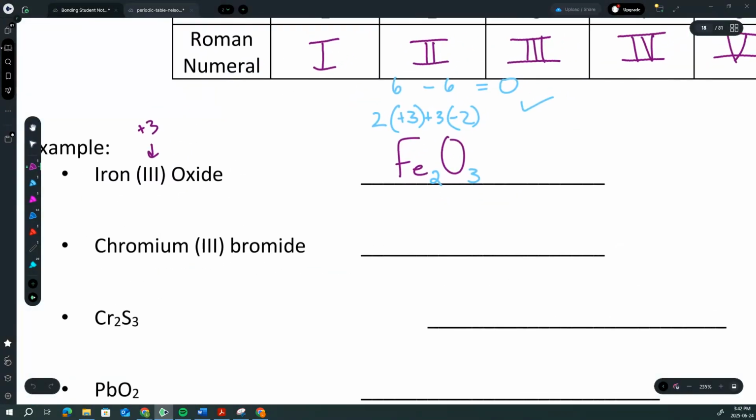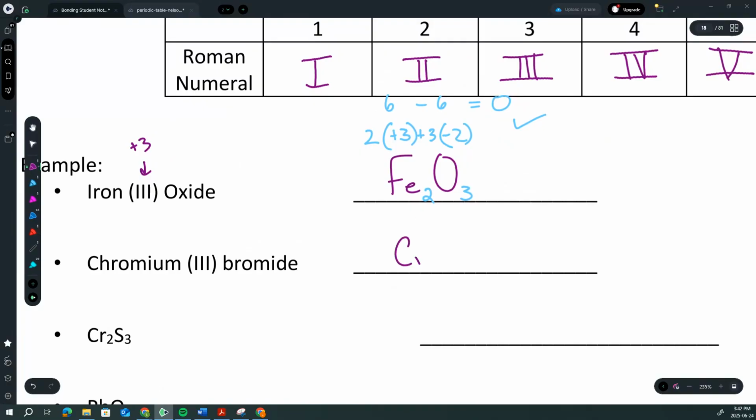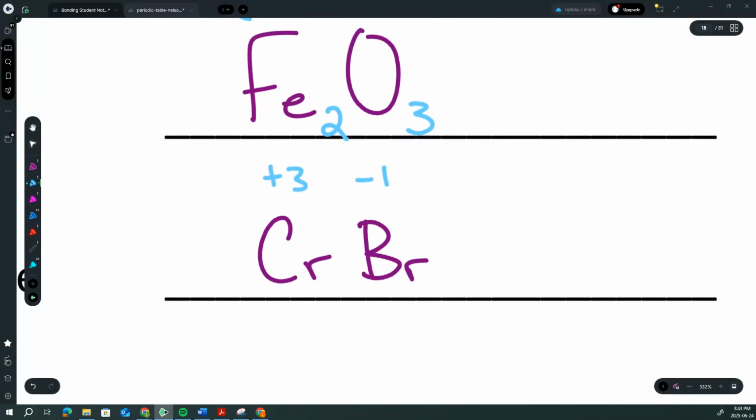Now since it's chromium 3, that means our chromium ion is going to have a 3+ charge. And then the bromide ion only has one possibility. It's only going to be a -1. We know that doesn't equal 0, so crisscross applesauce. So 3, and the chromium is going to have a little invisible 1 coming after it.